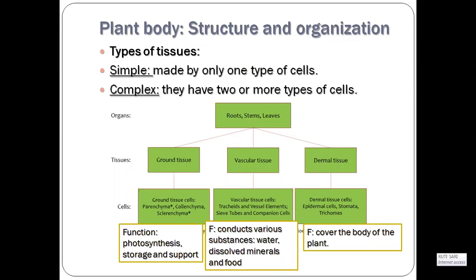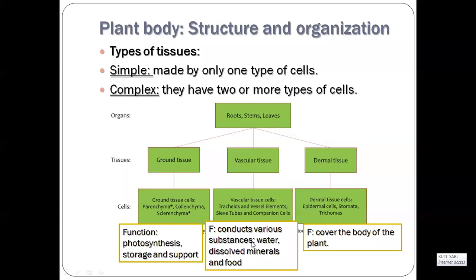Let's go with the next tissue, vascular tissue. Vascular cells: tracheids and vessel elements, sieve tubes and companion cells. That will be all the cells that belong to the vascular tissue. Now the function: conducts various substances.